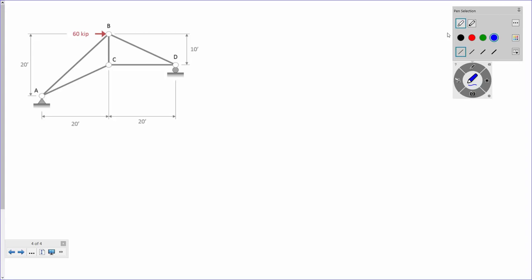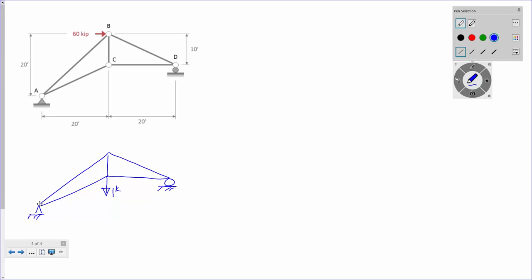I'd have to do an analysis of the real structure, which is what we're looking at right here, and then I'd have to do an analysis of a separate structure that looks like this. I'd have to do an analysis with, let's say, a 1 kip load right there, right?